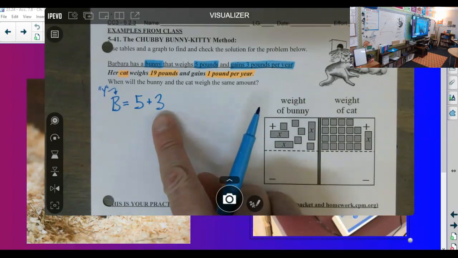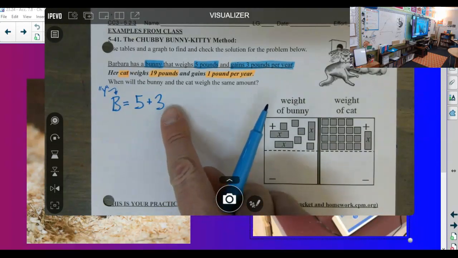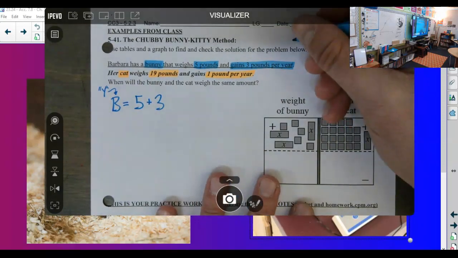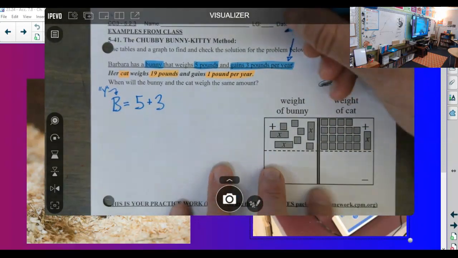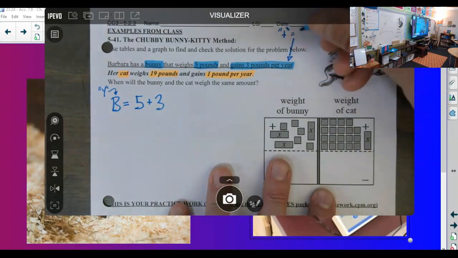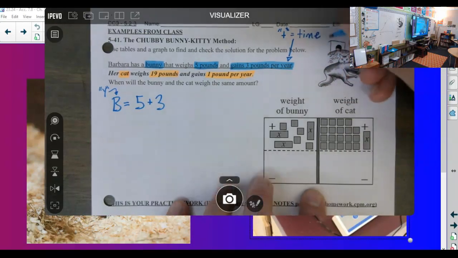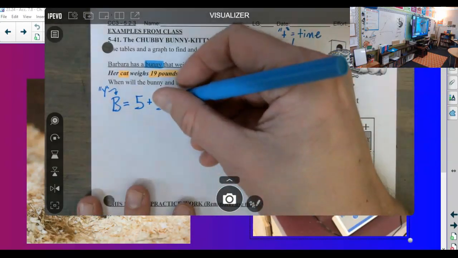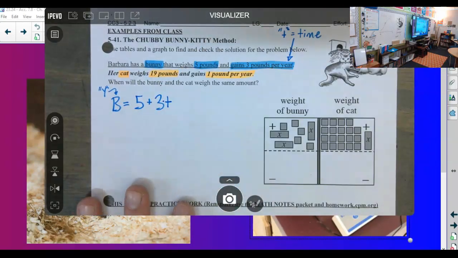We don't want to use anything that we've used for anything else. We could either use X, or, please stop guessing, we can use T. T for time is a nice, safe variable. So T for time, or you can just use X, but you could use T for time if you want.